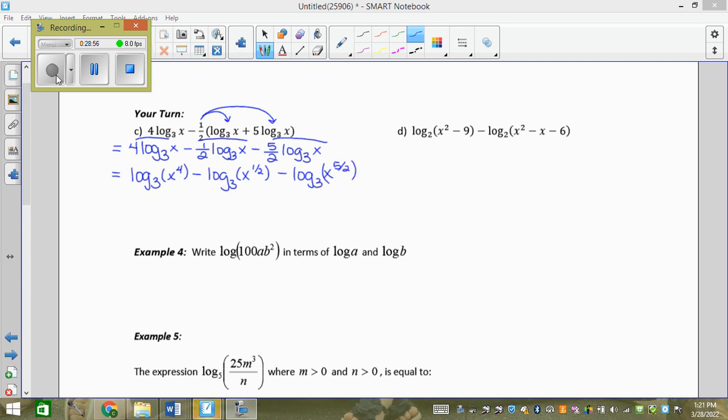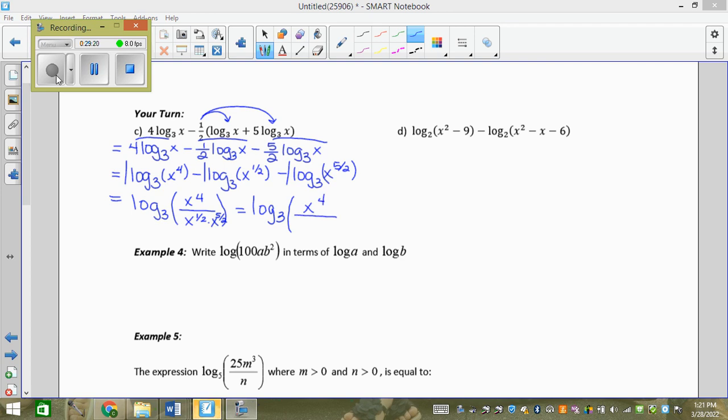And so we're going to get log base 3. The x to the 4 has a +1 in front, so it's going to the numerator. The x to the half has a -1 in front, so it's going to the denominator. The x to the 5/2 has a -1 in front, so it's going to the denominator. So I'm going to get log base 3 of x to the 4 over, now I can add those.